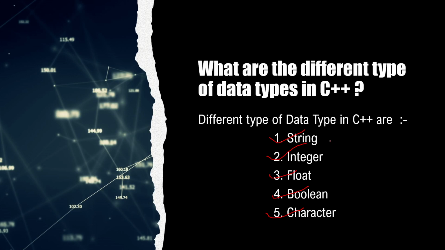But in C++, people were very precise, so they made a system where we can only store a string between double quotes. We put the value in and enclose it like that. So this is the string.